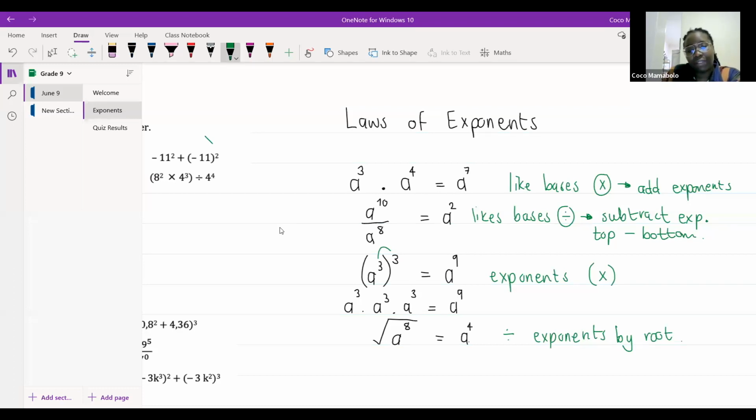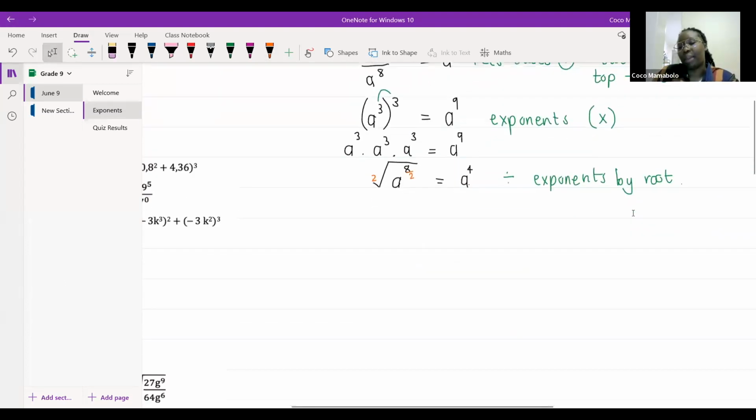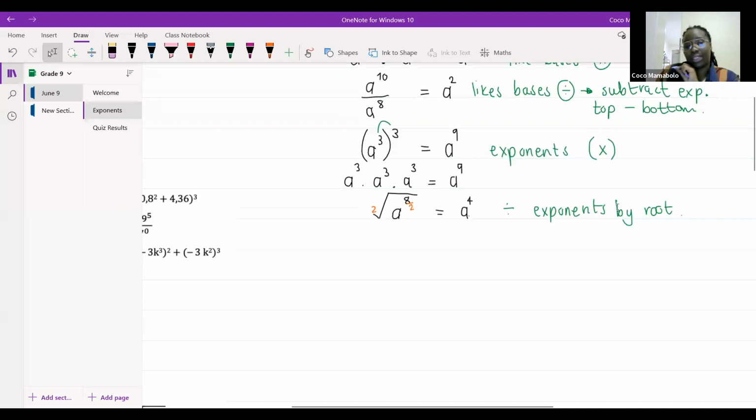If this thing is just a root sitting on its own, there's actually a tiny invisible 2 over here. So what we've done is taken 8 and divided it by 2, and that has given us 4. But that's not exactly what's happening, guys. Here's what we're doing.